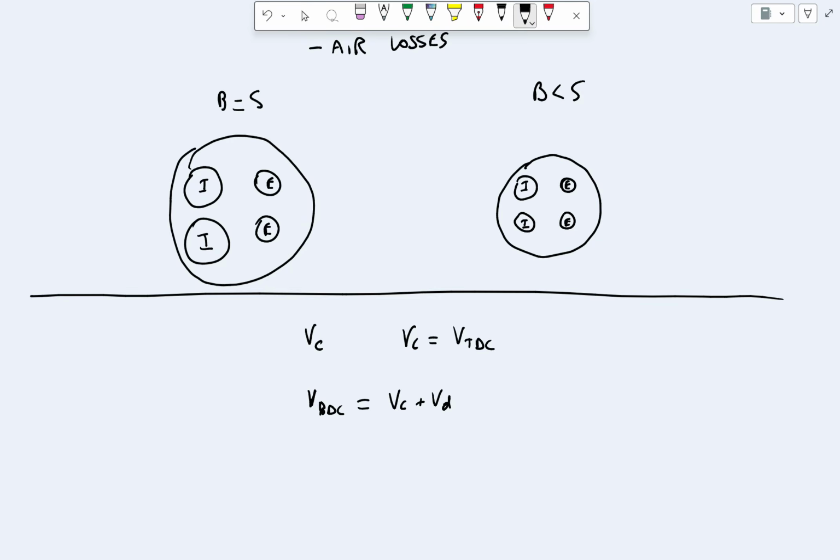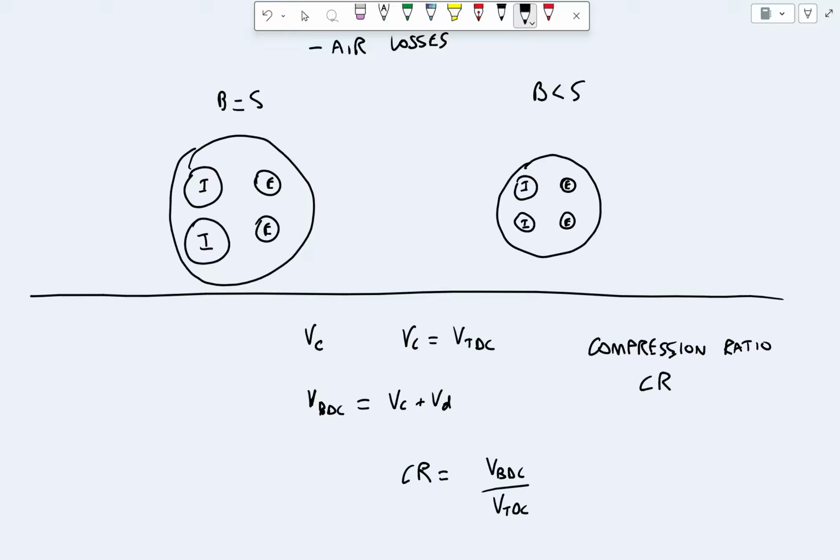Another term that we're going to use a lot in this video series, and a lot when talking about internal combustion engines in general, is compression ratio, or CR. The compression ratio is defined as CR equals V at bottom dead center over V at top dead center.